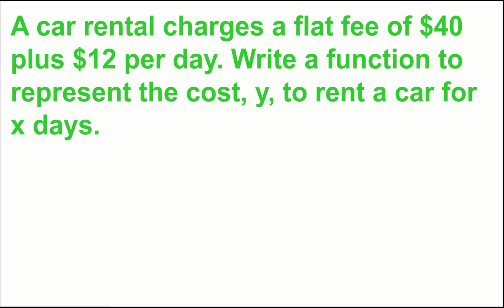But that gives you a pretty good idea of what we're working with. So if we go and look at a problem like this. Car rental charges a flat fee of $40 plus $12 per day. We need to write the function to represent the cost y to rent a car for x days. So for 8th grade math, when we're writing the functions, we're always going to have y equals, and it's going to be something x plus or minus something. What's that word mean?